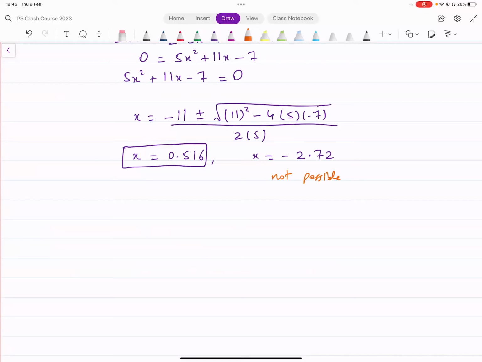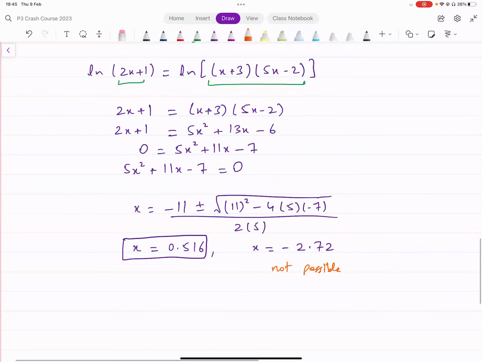Now, this is something that you have to do every time you're solving an equation that has log in it. You have to verify your answers at the end.